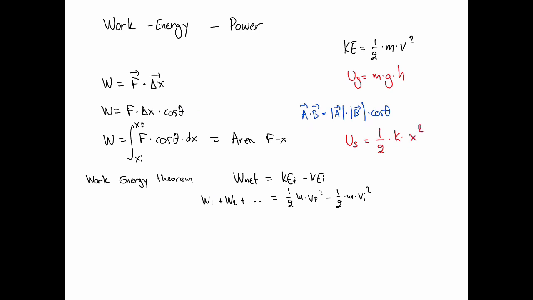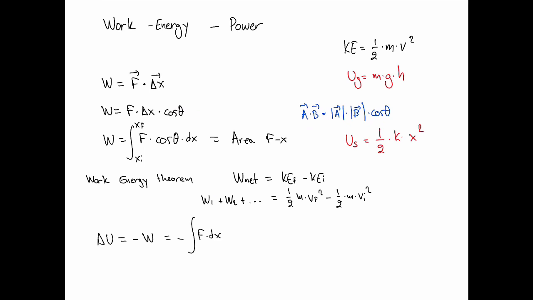Now, the reason why the potential energy by gravity or by the spring is this is because, in general, the change of the potential energy is equal to minus the work by a conservative force. So it is equal to minus the integral of F times dx.